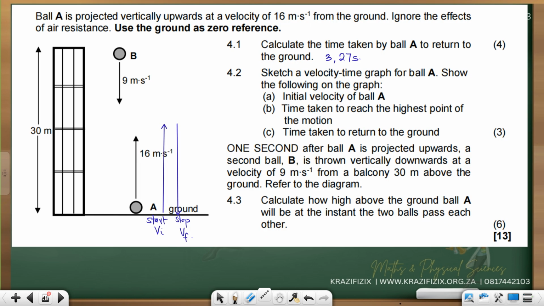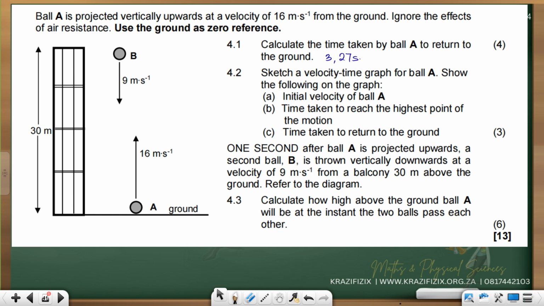Next question, quickly. 1 second after ball A is projected, a second ball B is thrown vertically downwards. Please, I need us to read to a point of understanding. 1 second after we did that last week, it means time is less by 1. 1 second after ball A is projected upwards, a second ball B is thrown vertically downward at a velocity of 9 from a balcony 30 meters above the ground.